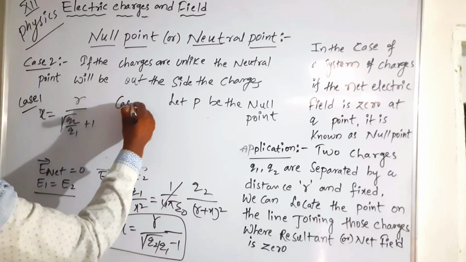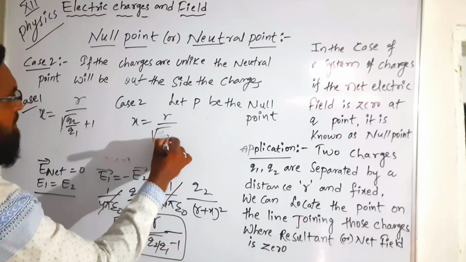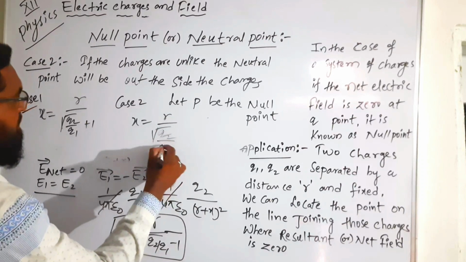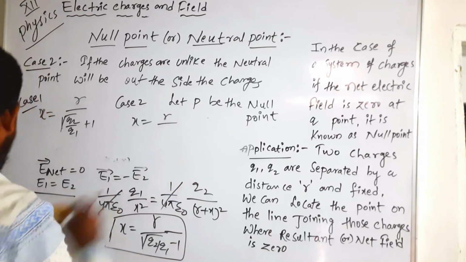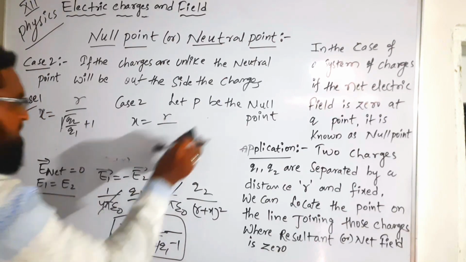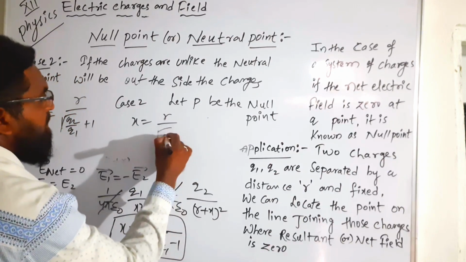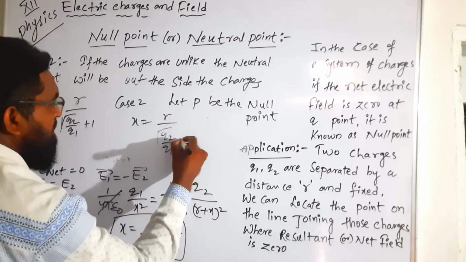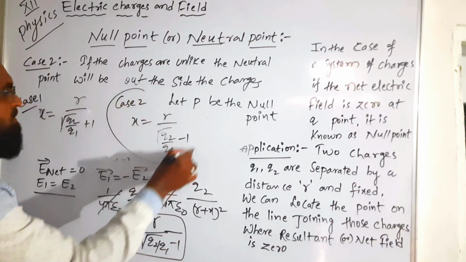And case 2: x equals R by root over Q2 by Q1 minus 1. This is not visible, so some duster problem is there. No problem, I am writing here root over Q2 by Q1 minus 1. This is the case 2 answer.